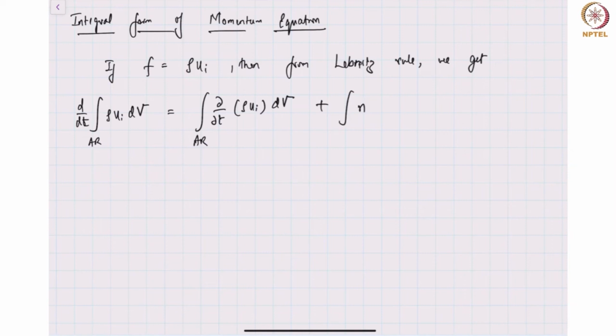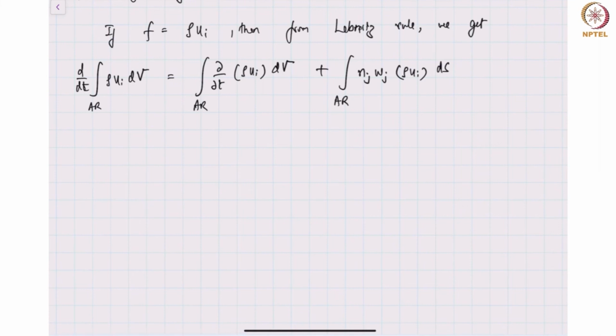But notice that the index i is already used. It's a free index, so I cannot use i again. So I'm going to use another index, j, for a repeated index. That is, this is nj wj F ds, where F is rho ui. This is the arbitrary region.